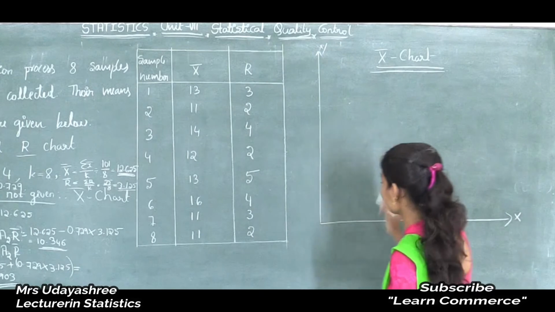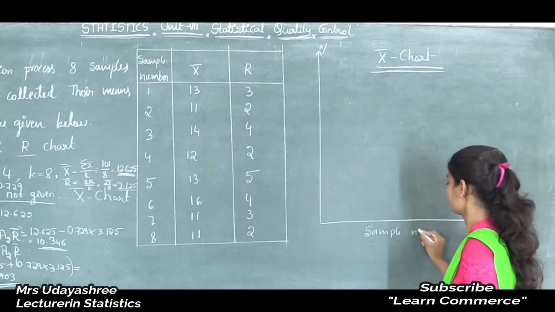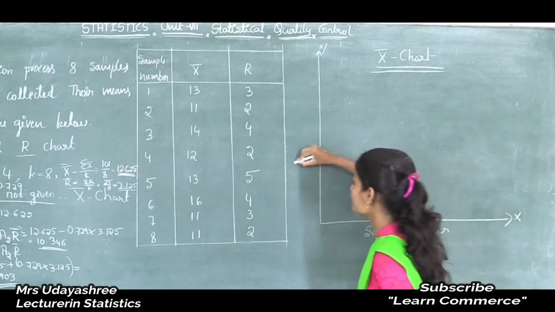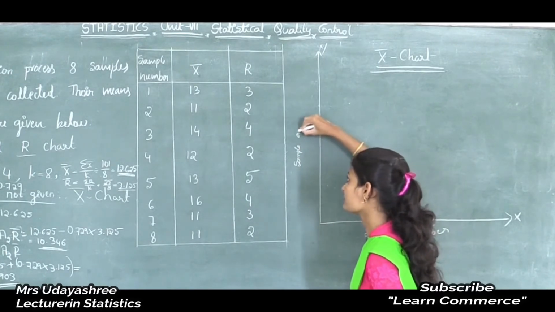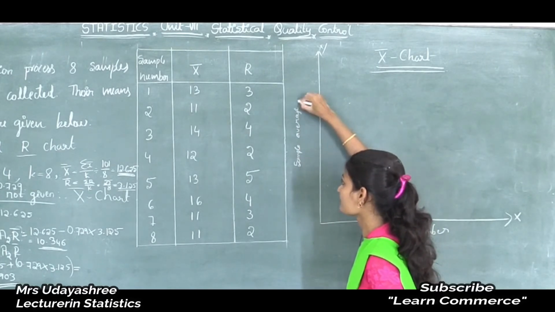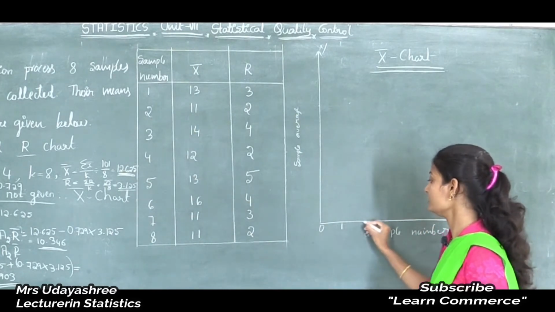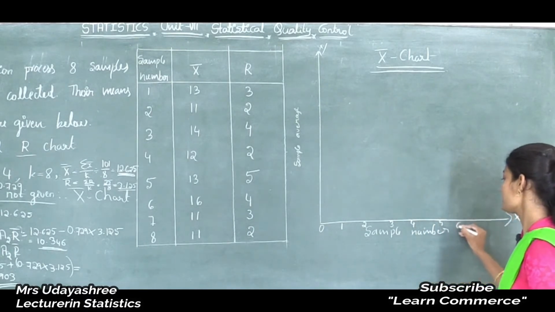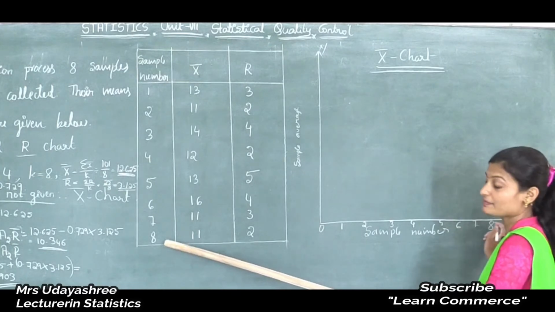The x axis is along with sample number and the y axis is along with sample average. Here the samples are like this: 0, 1, 2, 3, 4, 5, 6, 7 and 8. So here 8 sample numbers are there.